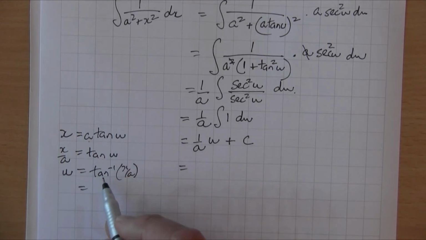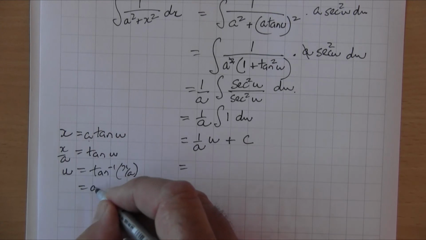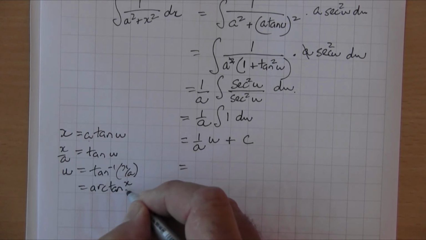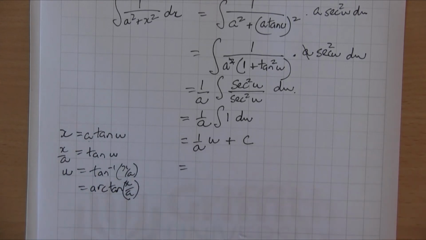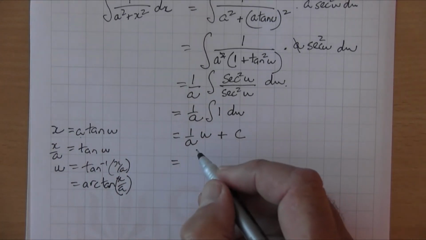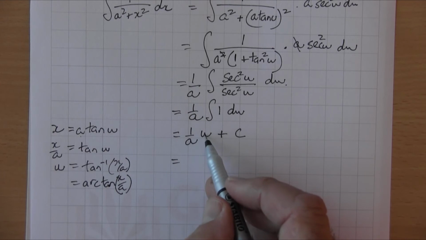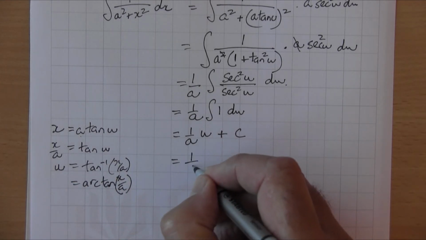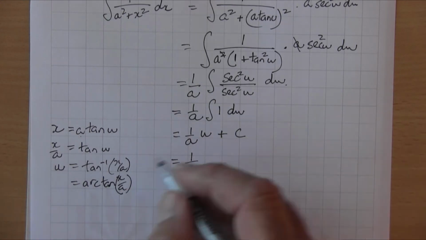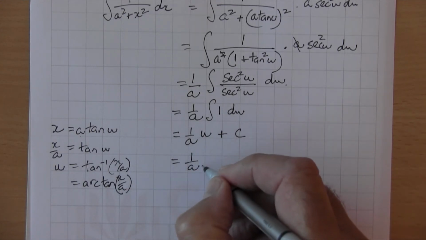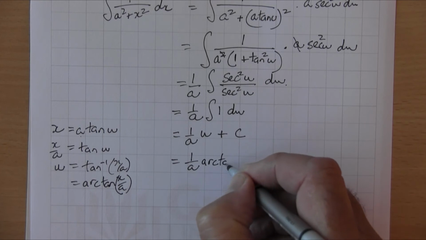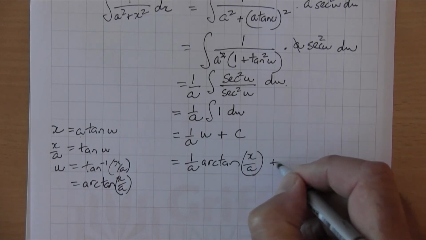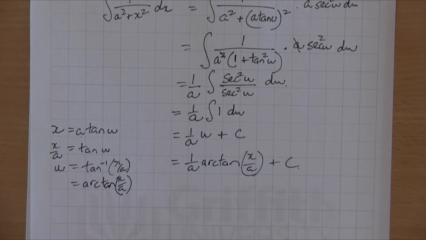Another way to write angle whose tan is arctan. So now we can do the substitution for u there. u is arctan x on a, so it'll be 1 on a instead of u. We'll get arctan x on a plus our constant of integration.